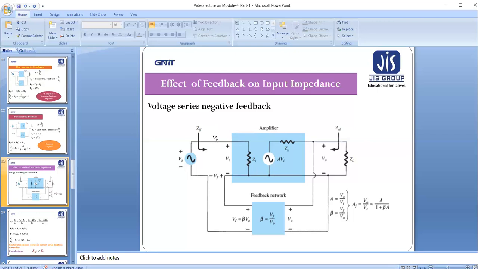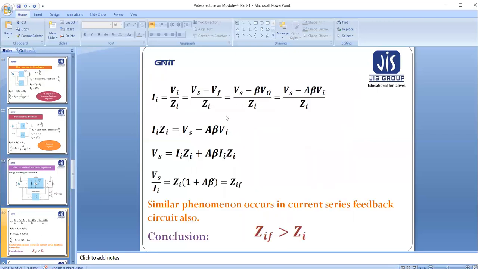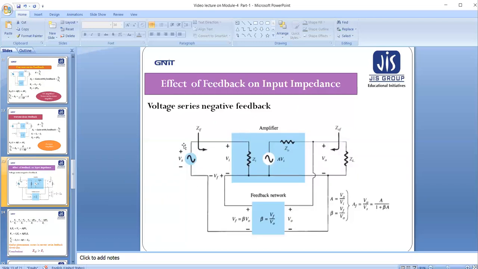II means the input current. II equals VI by Zi, because it is a series path; this voltage is connected in series with Zi.